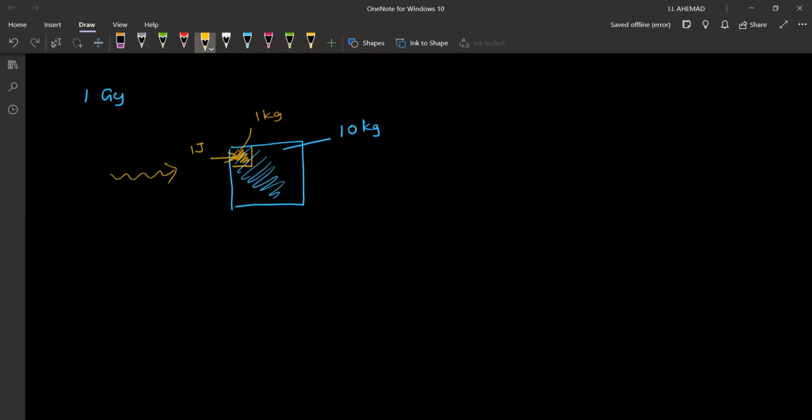So in total, this body would have absorbed 10 joules of energy. But we are not going to talk about this entire body. Instead, we are only interested in 1 kilogram of this body. So 1 kilogram of this body absorbs 1 joule. Then we call that radiation 1 gray.